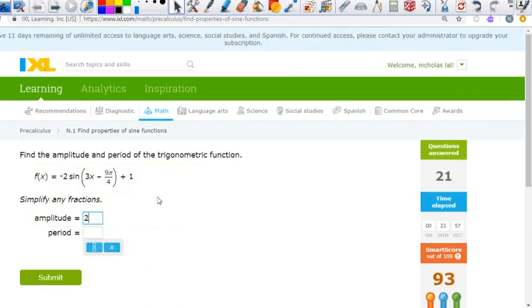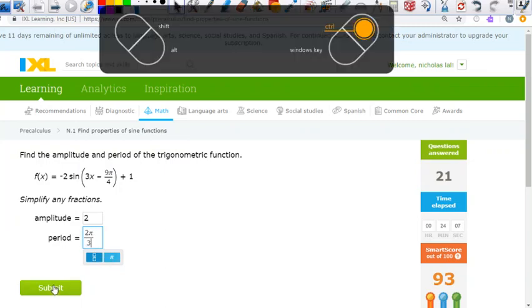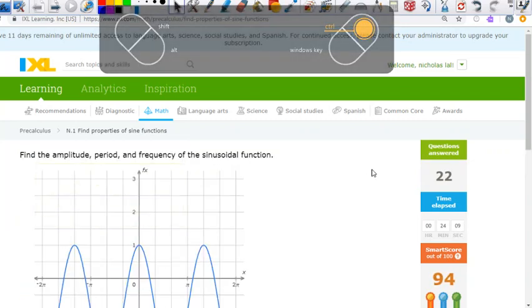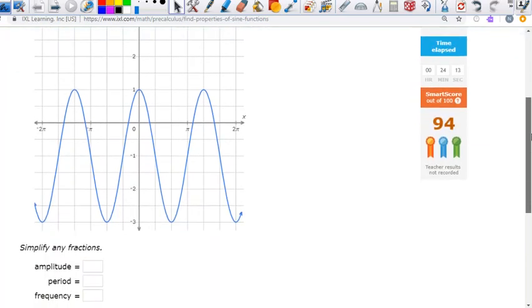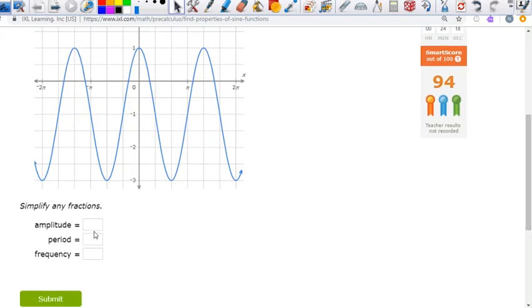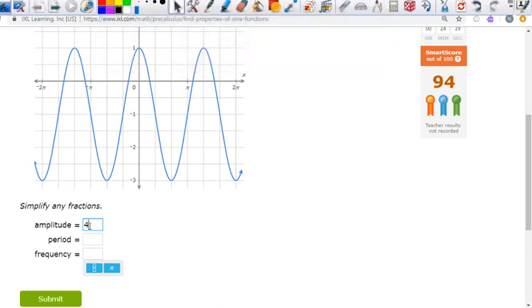The amplitude is 2. The period is 2 pi over 3. Maybe 1 to 3, so the amplitude is 4. The period is, maximums are 1 more than pi, so that'd be 3 pi over 4 pi over 3.